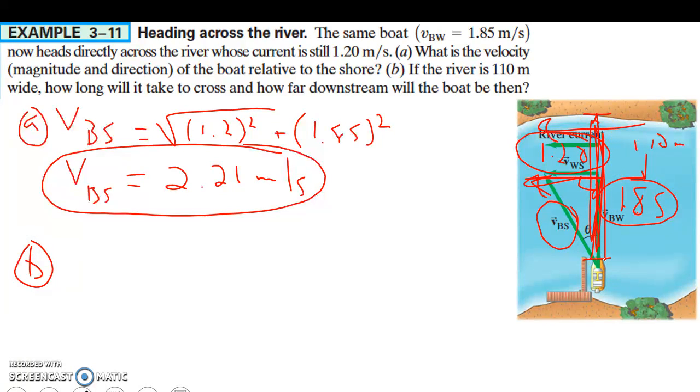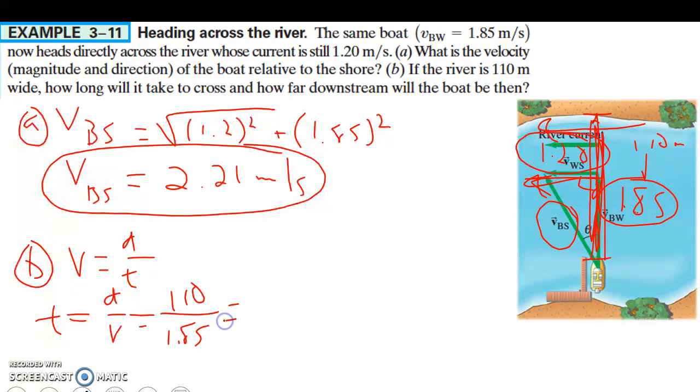Velocity is distance over time, and I want to find time. So time is distance over velocity. My distance is 110 meters, my velocity is 1.85. I do all this math, I get 60 seconds. So it takes a minute to make that trip all the way across.